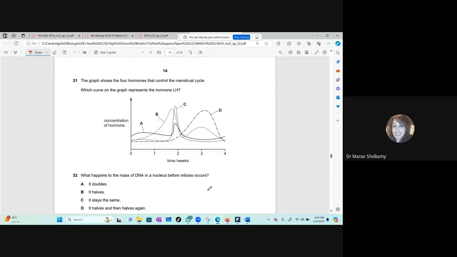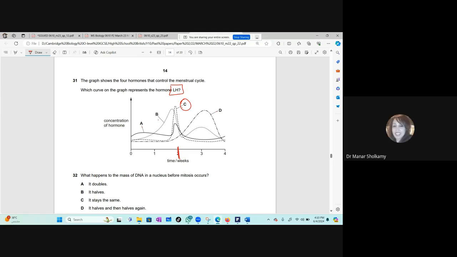C. Yes, of course. Why did you choose C? Because C is the production of the follicle or the egg, and D is where the menstrual cycle takes place.